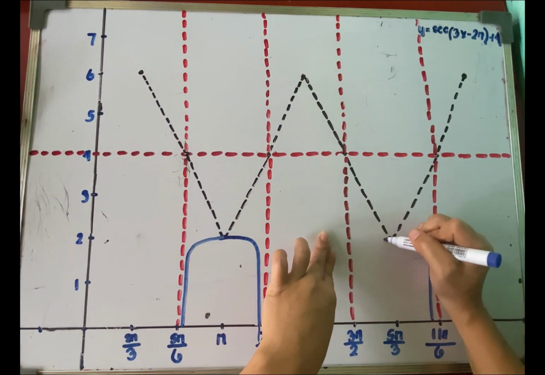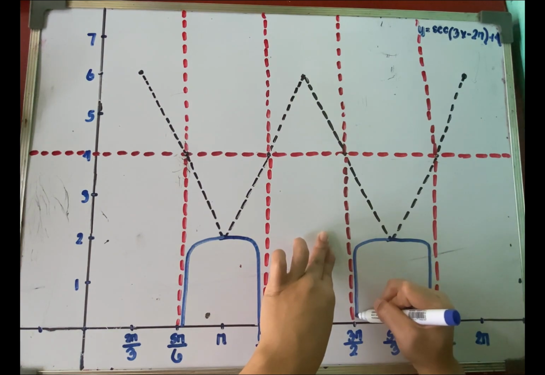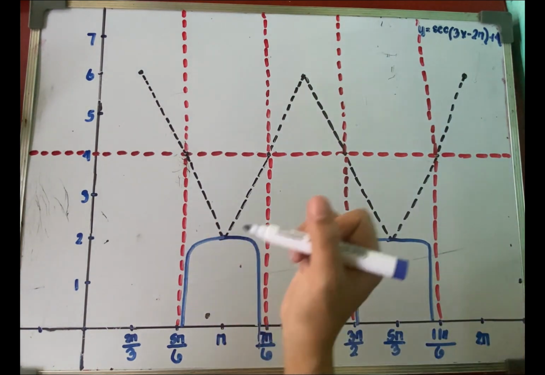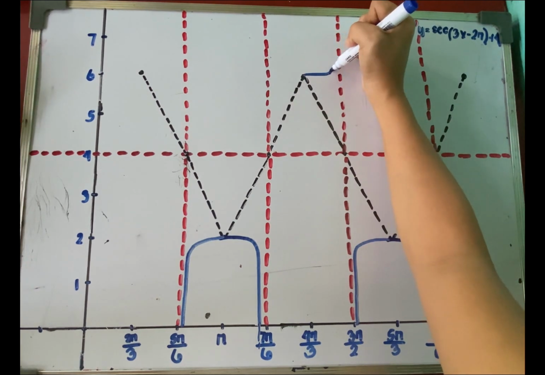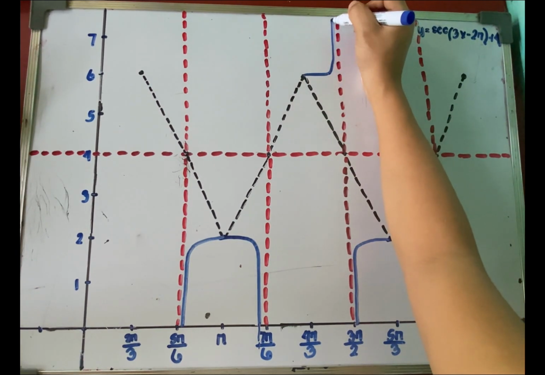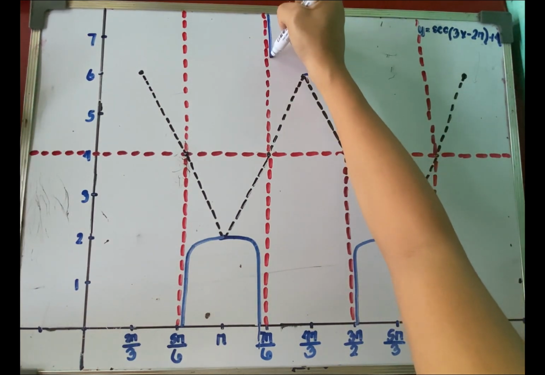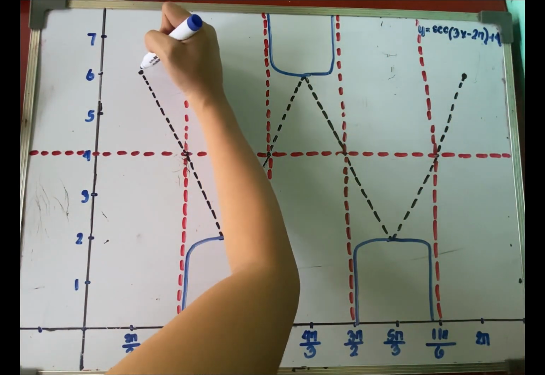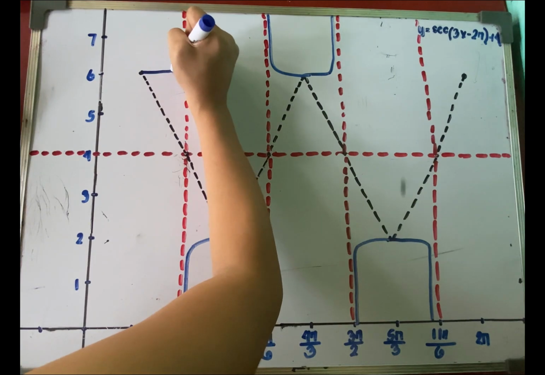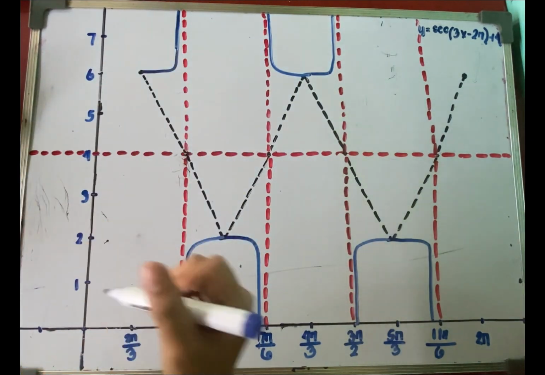What you do in the first one, you have to do in the second one. Your U-shaped branches must always be closer to your asymptote, but not enough to touch them. So it is a 2-period graph. You can see we're almost done with our 2-period graph.